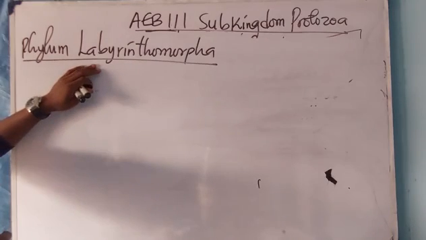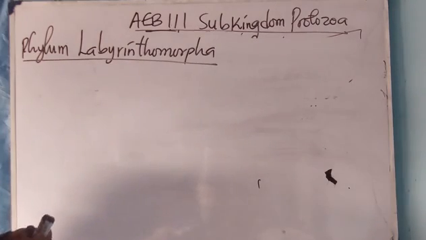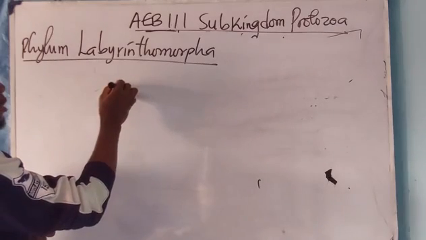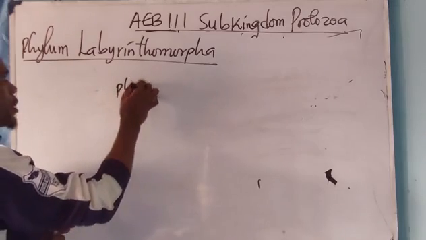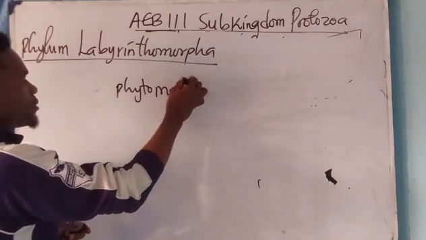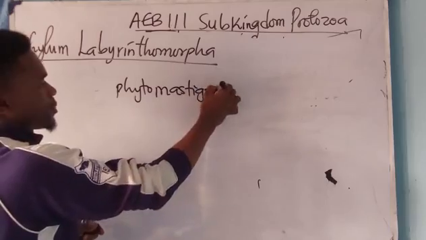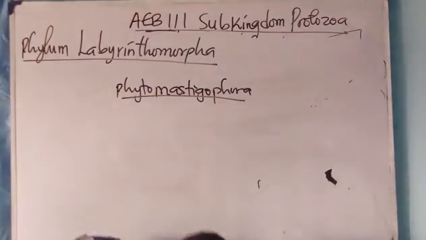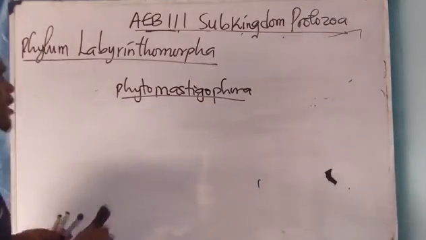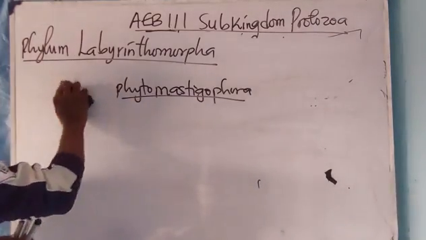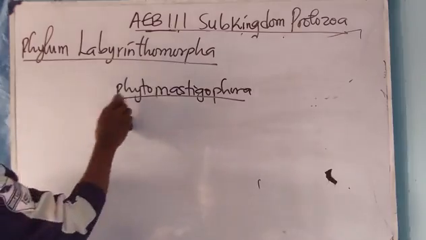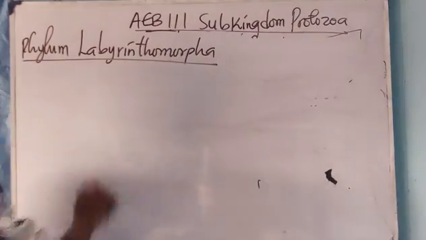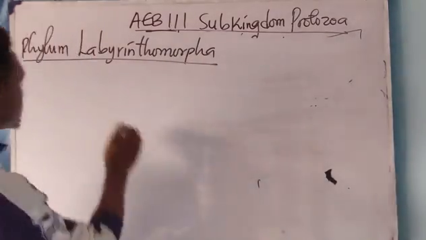I'm going to explain something again under the Phytomastigophora, because I did not explain everything about Euglena. Euglena is the representative member of the Phytomastigophorans. I'm going to explain it again, but let's finish this one.